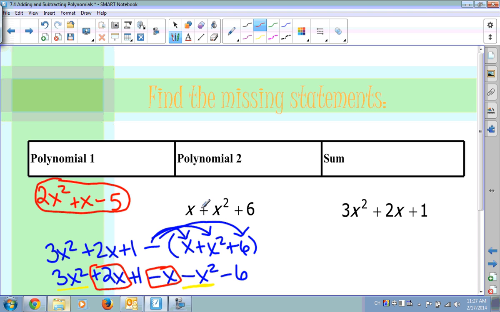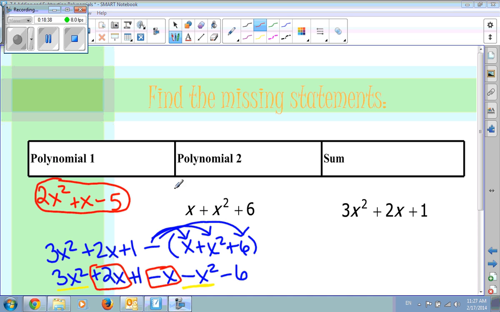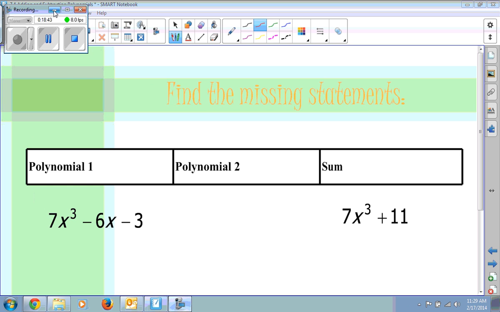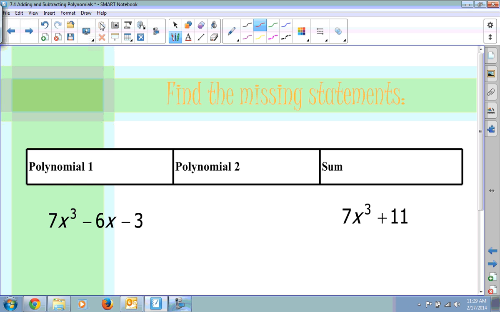All right. So I want you guys to try the last row on your own and see if you can figure out what polynomial 2 is. Okay, so we're going to take our sum, the same exact steps from the previous problem, our sum, subtract our first polynomial, right?